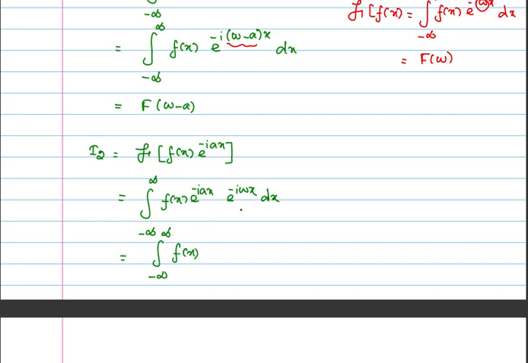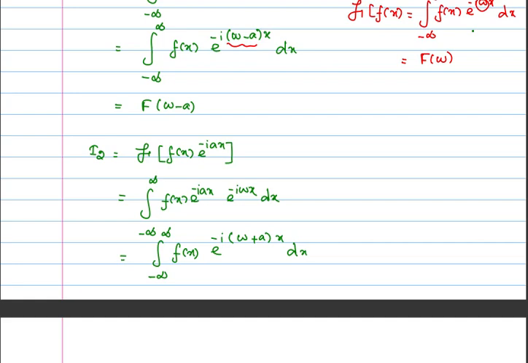If I multiply these two together, we get e^{-i(omega plus a)x} dx. In the same way, F(omega) is the integral of f(x) e^{-i omega x} dx, and instead of omega here we have omega plus a.